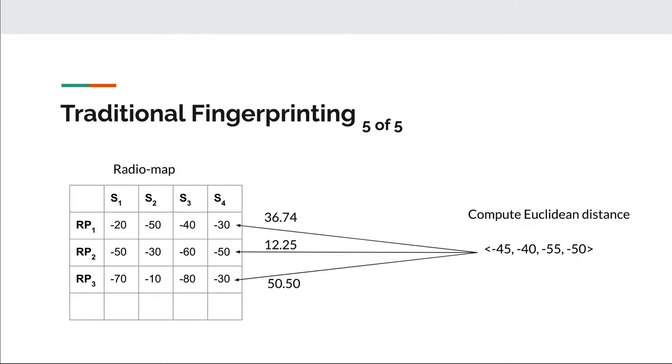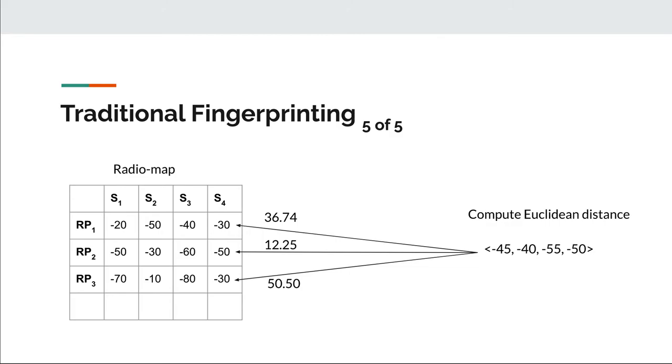And now, our job is to look through the radio map and find the reference point whose RSSI fingerprint most resembles the RSSI vector obtained from the unknown device. Then, we can say this reference point is the predicted location of the unknown device.